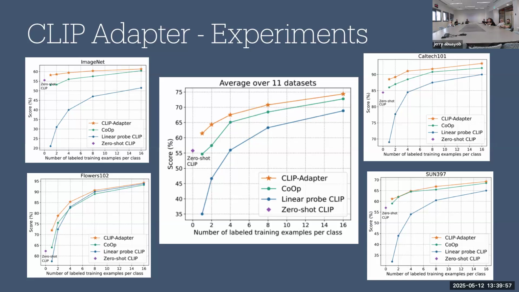They took only the visual adapter in this one? Yeah. Since adding the visual adapter yielded the best results, they only added the visual adapter here. Even the average over the 11 datasets improved upon zero-shot CLIP.